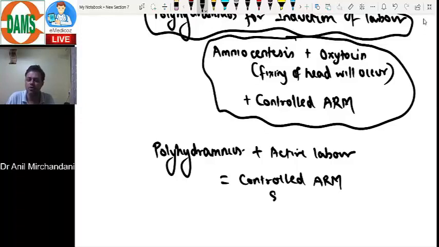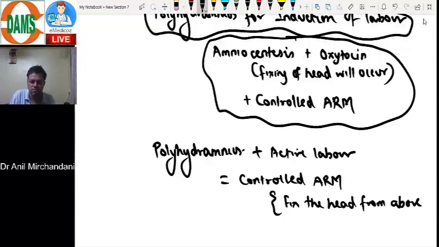What do you mean by controlled ARM? Fix the head from above. You have to fix the head from above and rupture the membranes with a needle.